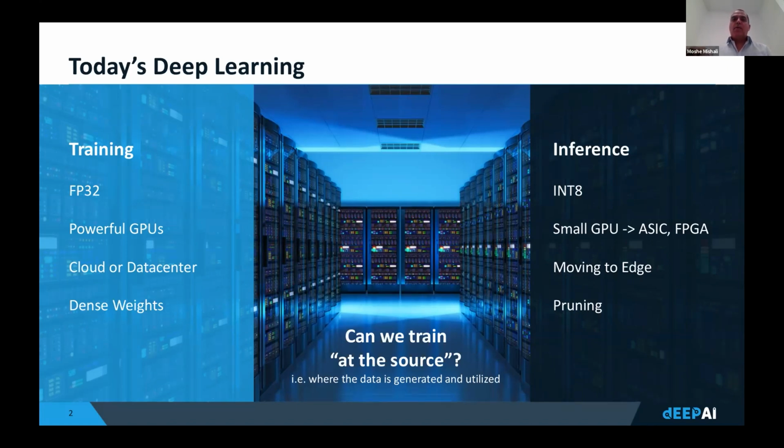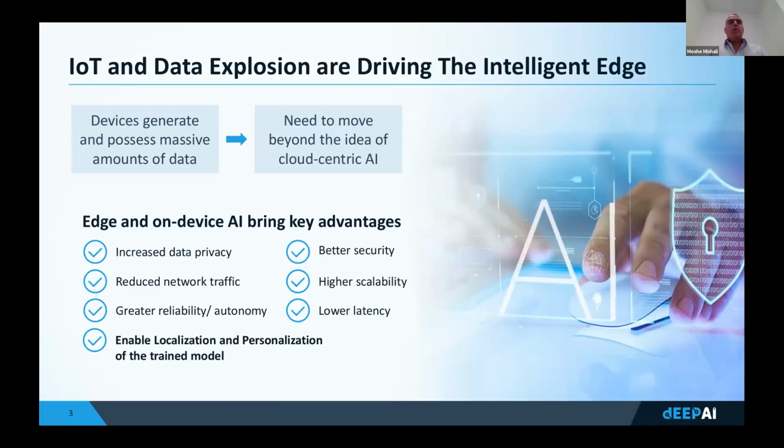And the driving forces towards the edge are many, and you saw most of them listed in the keynote. Among them are security and lower latency, and you don't need to pay for the traffic outside your organization. Besides, reliability and privacy. And I think one of the key advantages that drives everything to the edge is that you can personalize your models.